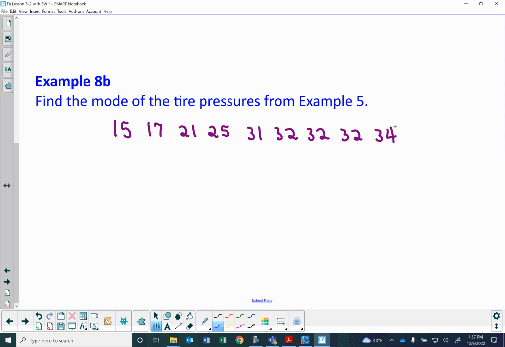So mode is the number that comes up the most amount of times. If all the numbers come up the same amount of times, there is no mode. But if 2 numbers come up 6 times, those 2 numbers would be the mode. Here we have the number 32 coming up 3 times, so our mode is 32.